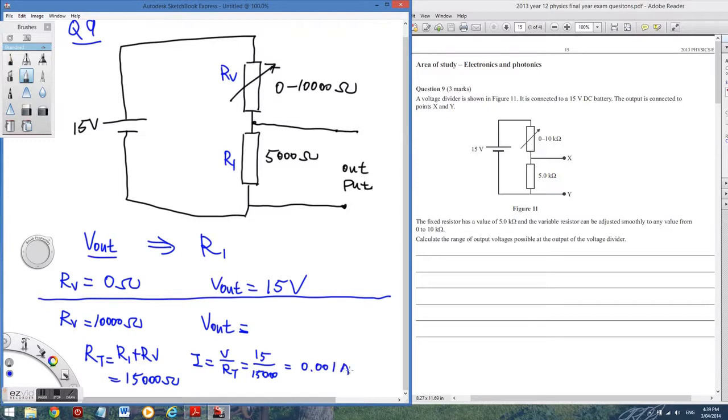0.001 amps. The V out will be V equals to IR. Remember R1, IR, sorry, current times the resistance of R1, which is 0.001 times 15, which will be 0.015 volt.